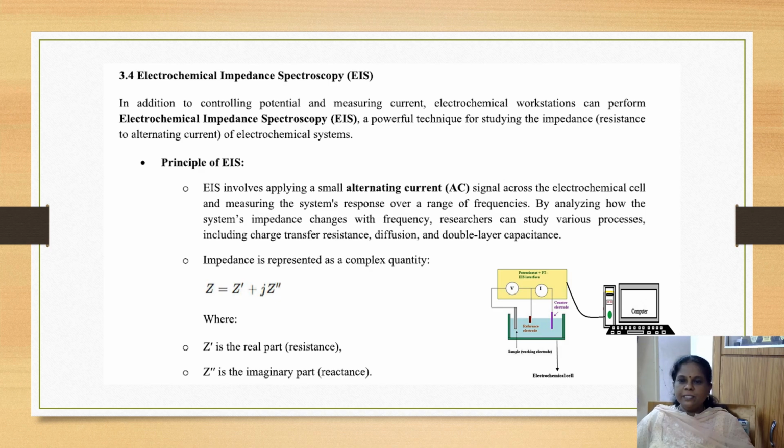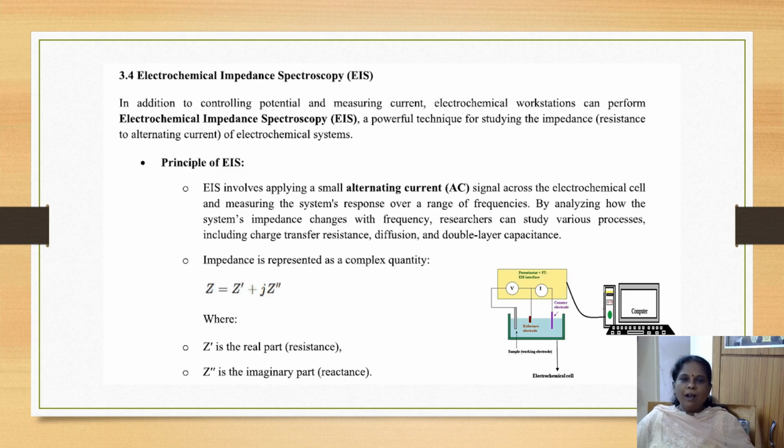So what is the principle involved in electrochemical impedance spectroscopy? EIS involves applying a small alternating current across the electrochemical cell and measuring the system's response over a wide range of frequencies, from hertz to million hertz.